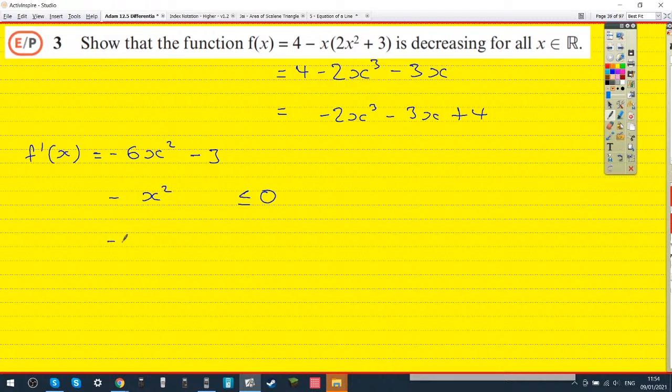So minus 6x squared is less than or equal to 0. But minus 6x squared minus 3 is less than 0. So therefore, the function f of x is decreasing for all real values.